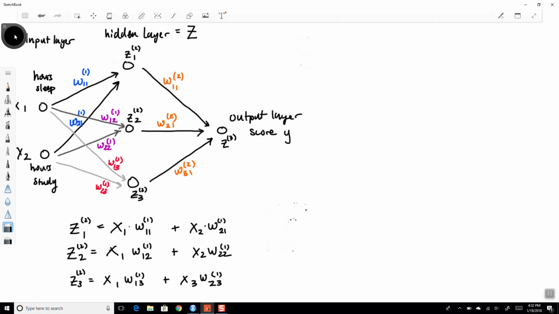So all of this stuff with the X's and the W's can be simplified with some matrix notation. If we take a look at what W is, if we create a matrix W1, we will have a 2 by 3 matrix.